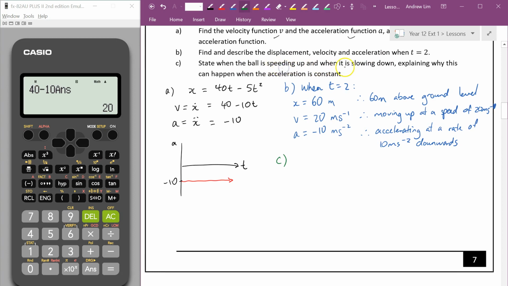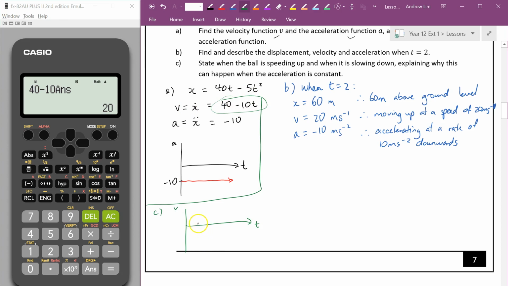When is it speeding up and slowing down? So I'm going to draw the time and velocity graph, 40 minus 10t.